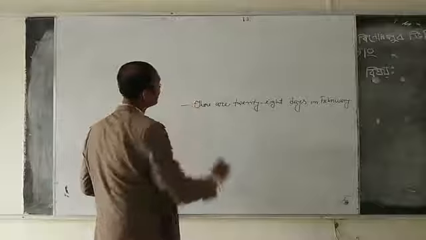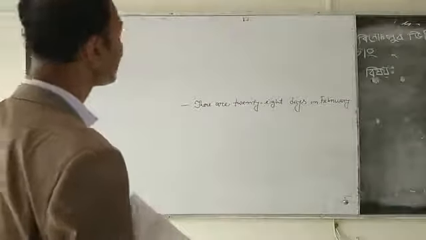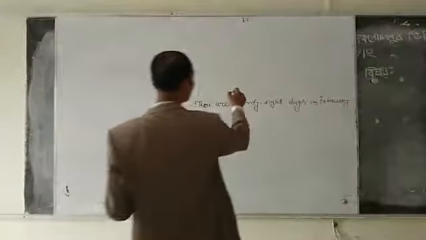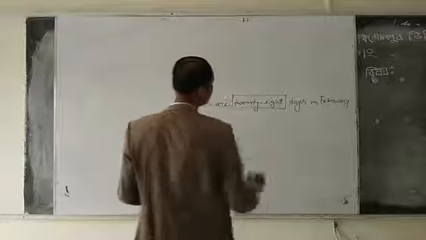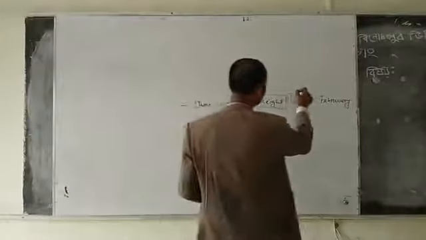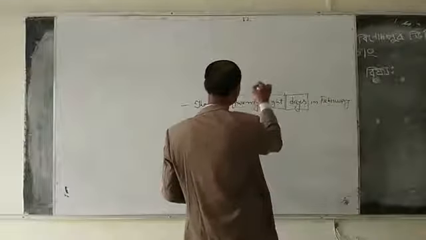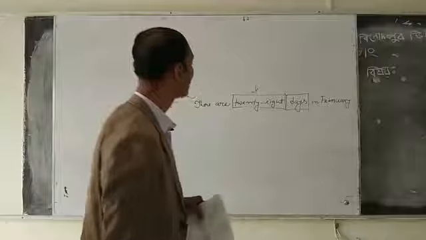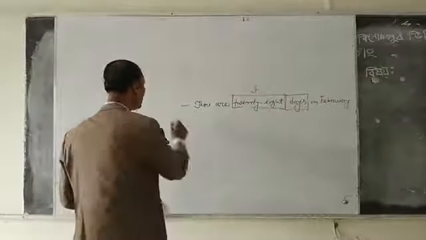There are 28 days in February. From this sentence, we get information about the number of a countable noun. Okay, look, there are 28 days. Here the number is 28. So according to the structure, we will put how many.